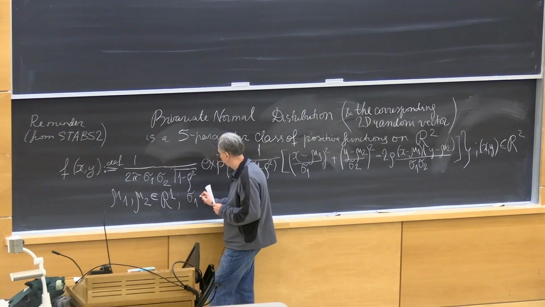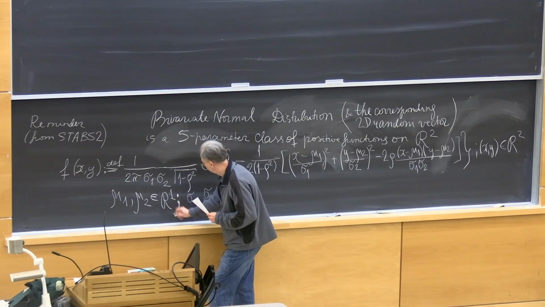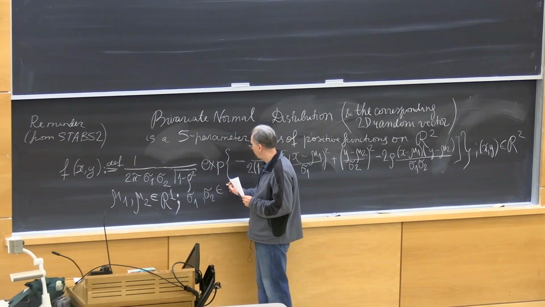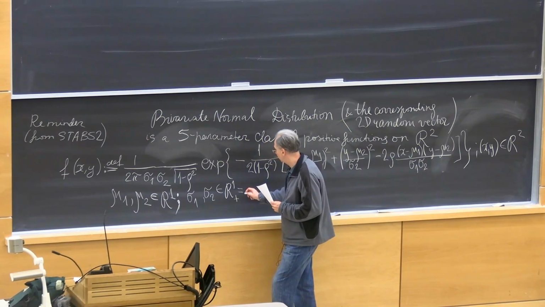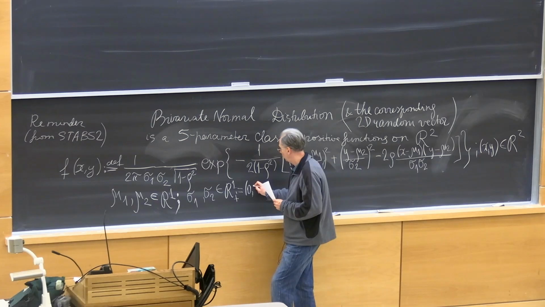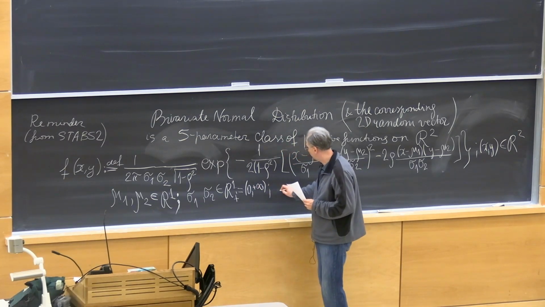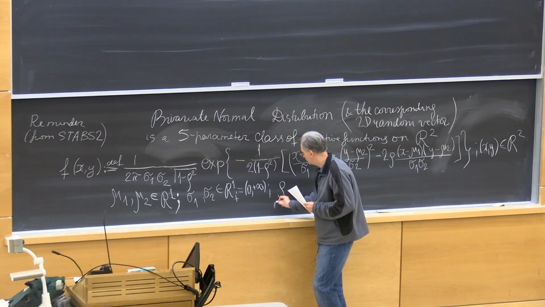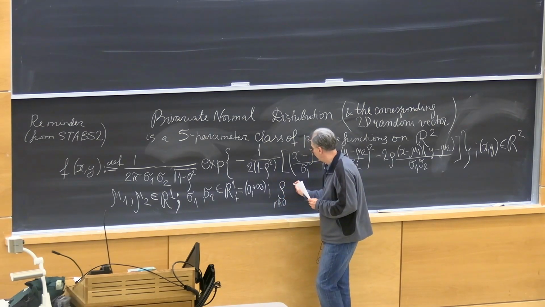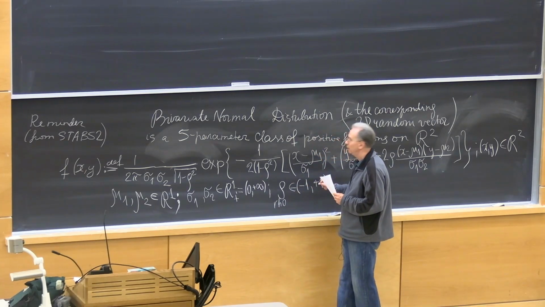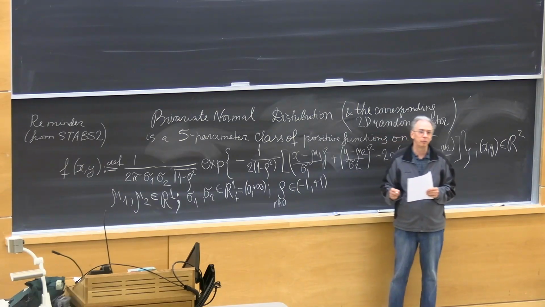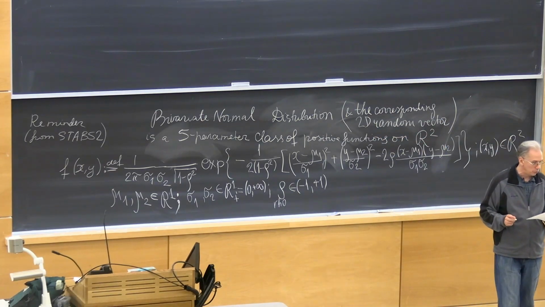Sigma 1 and sigma 2 are arbitrary positive numbers. R1 plus is the set of all positive numbers. And finally, parameter rho, so it's Greek letter rho, takes on the values from negative 1 to positive 1, where negative 1 and positive 1 are not included.